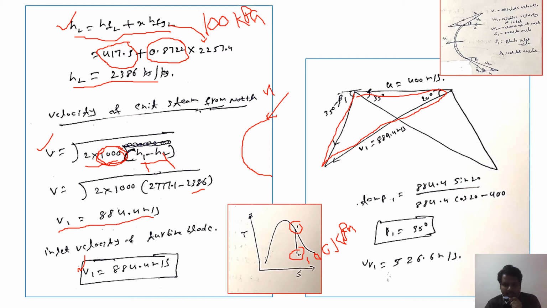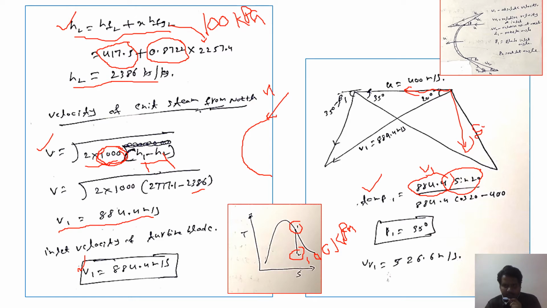we can write it as tan beta 1 equals V1 sin 20. V1 value is 884.4 sin 20, because to do like this V1, so this is the sin 20.